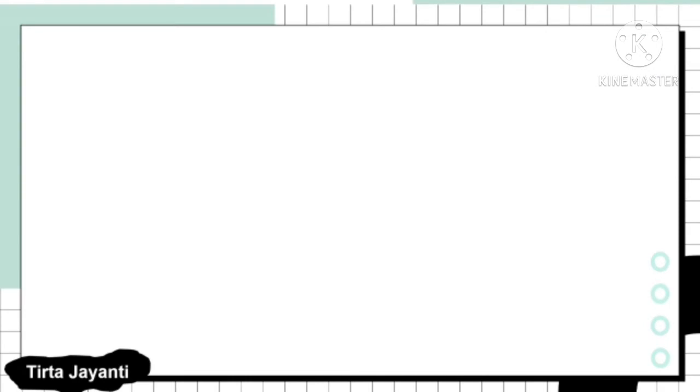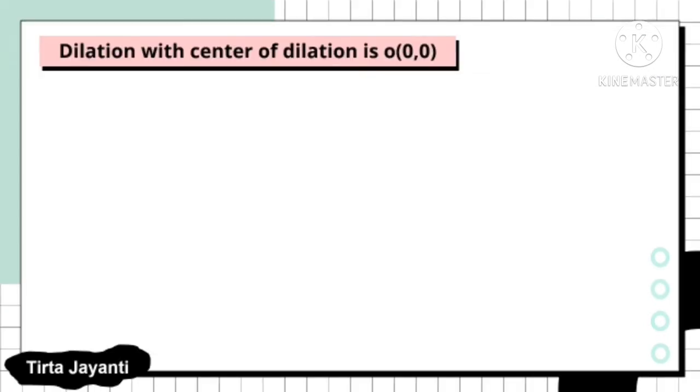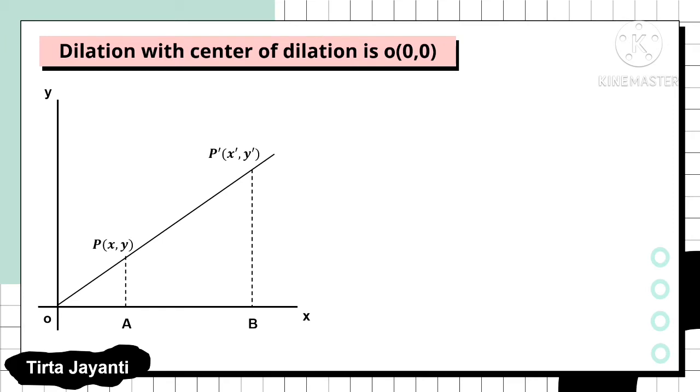Okay, first I would like to explain the dilation with the center of dilation at (0, 0). You can look at the following Cartesian graph. There is an object P(x, y), which is dilated with center (0, 0) and scale factor k.